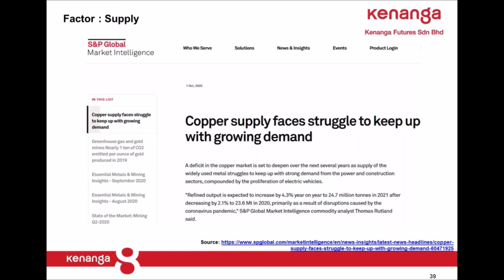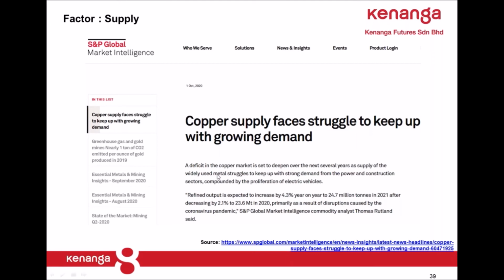Okay, now this is the news that was published on 1st October. As you can see, the price is pressuring upwards due to growing demand, and also a supply shortage.